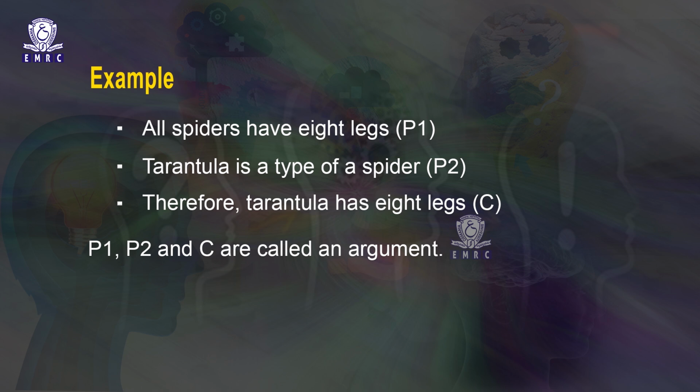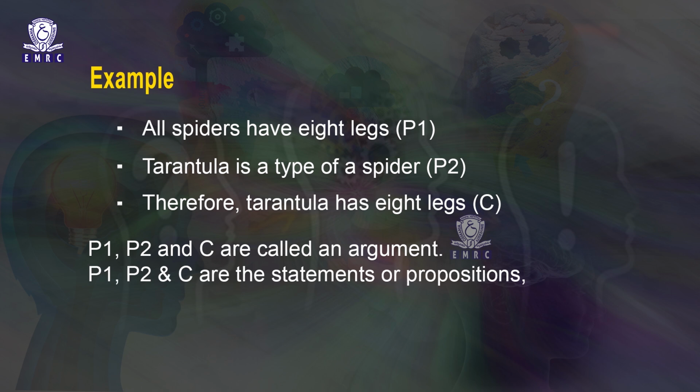Okay, so first, second, that is I coded them as P1, P2 and C. All of them can be called an argument together as a set, and these P1, P2 and C are known as propositions, whereas P1 and P2 are the premises.